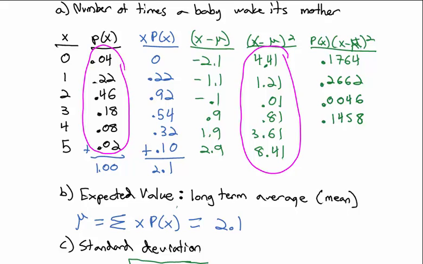3.61 times 0.08 is 0.2888, and 8.41 times 0.02 is 0.1682.